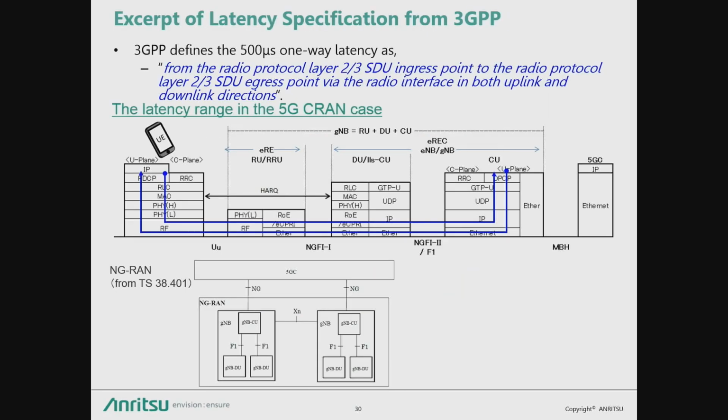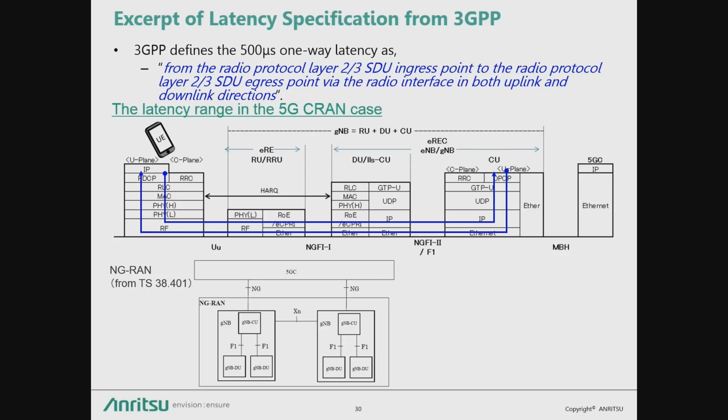This is more of a block diagram. I'm not going to spend too much time on this, but it's basically showing the same thing as the previous slide, but at the different termination points. You'll notice over the air, NGFI 1 and NGFI 2, otherwise known as the F1 interface, for those of you familiar with it. Here is your requirement of terminating the eCPRI and radio over Ethernet data.